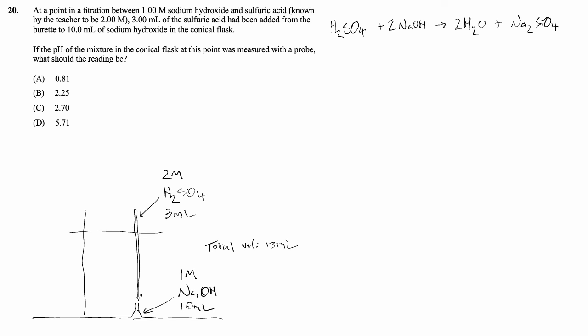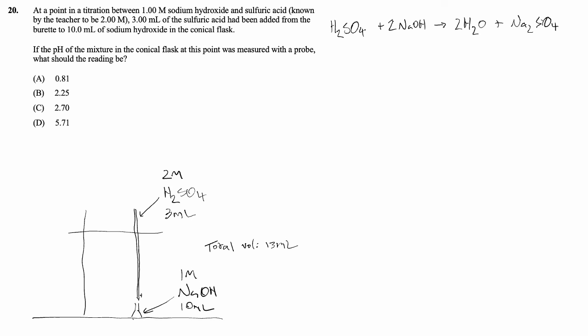Now at this point of the titration between these two concentrations of base and acid, what would the pH be if we put a probe in there? Well, we need to start working out number of moles and see which one we have in excess. Do we have hydroxide or do we have hydronium ions in excess? Let's start with the sodium hydroxide and work out the number of moles.